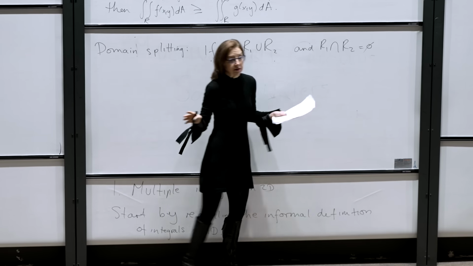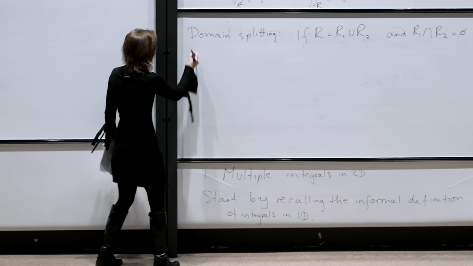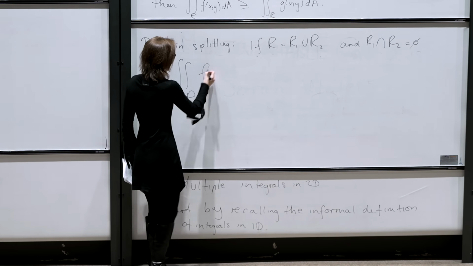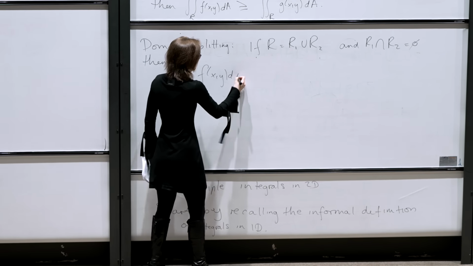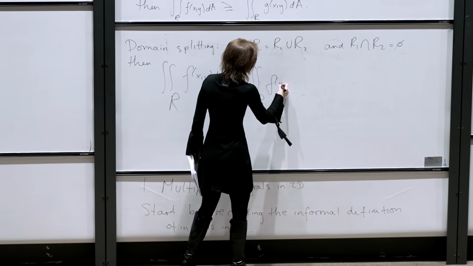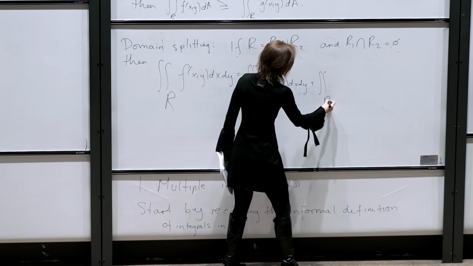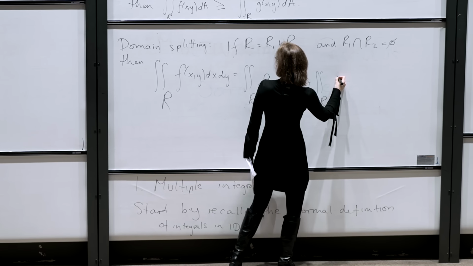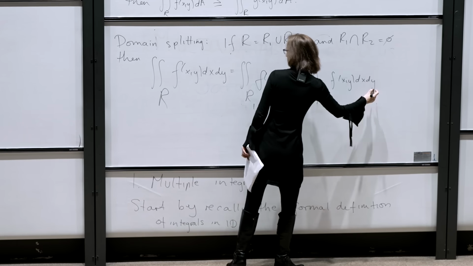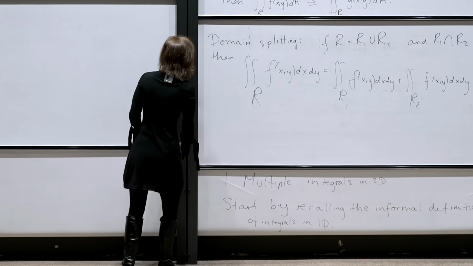So they are distinct and make up the region R. Then the integral over the region R of my function f of x y dx dy equals the integral over R1 of f of x y dx dy plus the integral over R2 of f of x y dx dy. And we'll certainly exploit that.